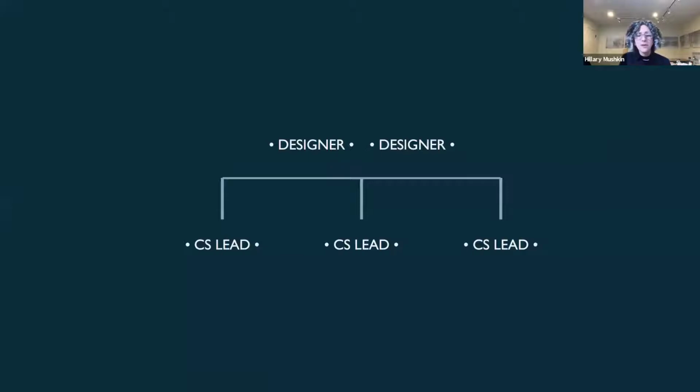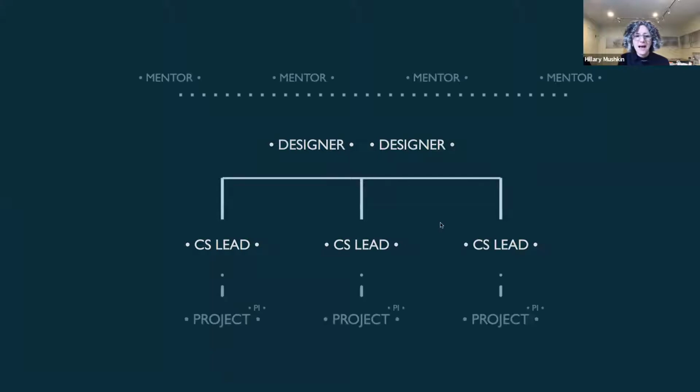We hire 5 interns in the summertime, 3 computer science students and 2 design students. The way the program is structured is that each of the computer science students is dedicated to the code for one of the 3 projects, and the design students work on all 3 projects.